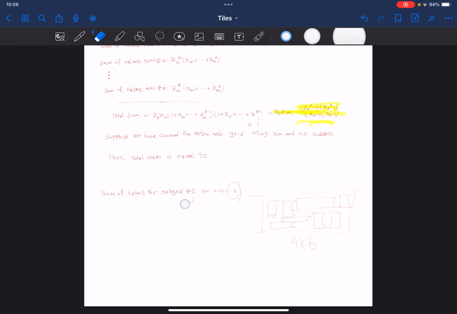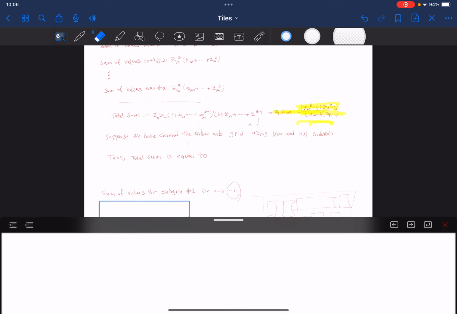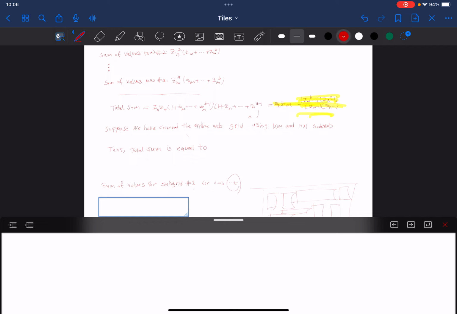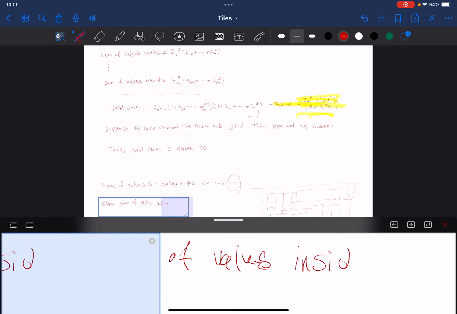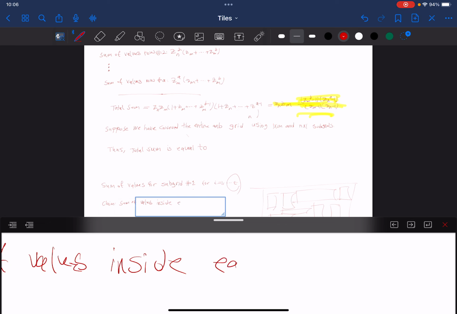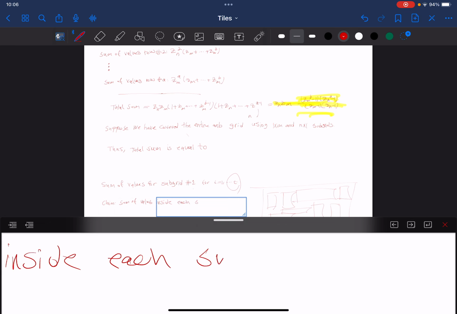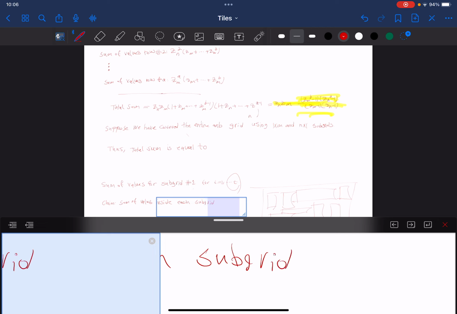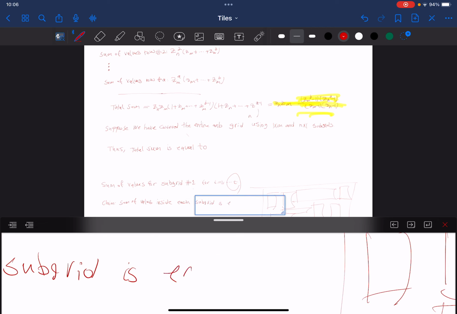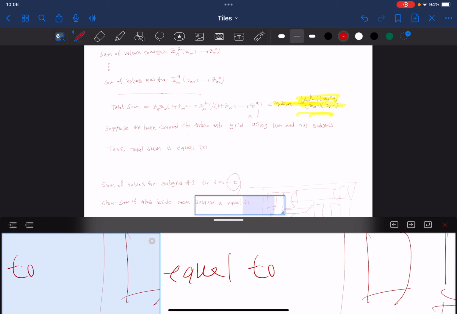The proof of that claim: let me write the claim first. Claim: the sum of values inside each subgrid is equal to 0.